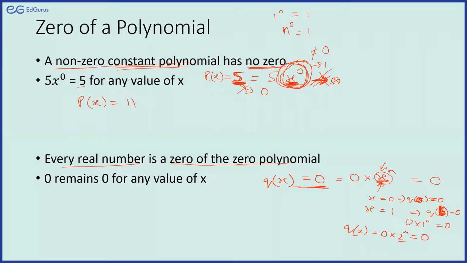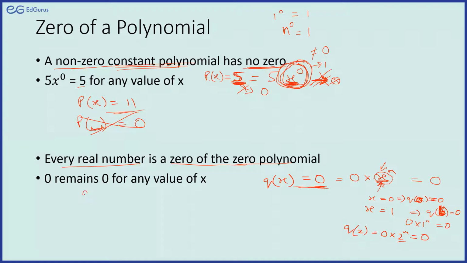Can any value of x make it 0? Can I write any value of x here so that p of that value comes as 0? No, ma'am. No, you cannot write anything which will make it 0. So this polynomial has no 0 at all.